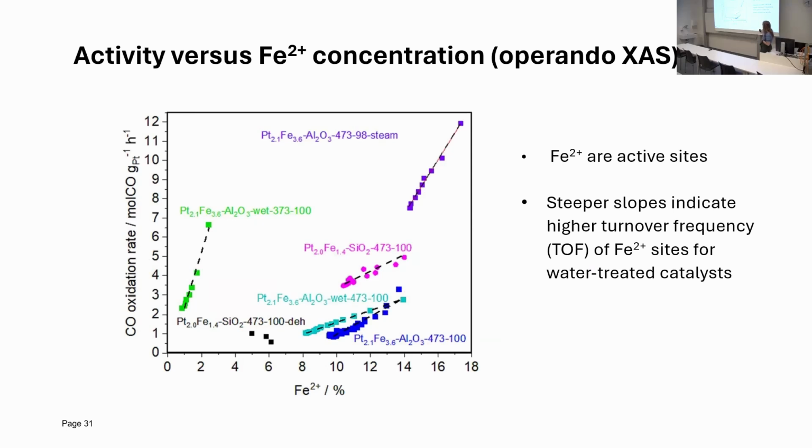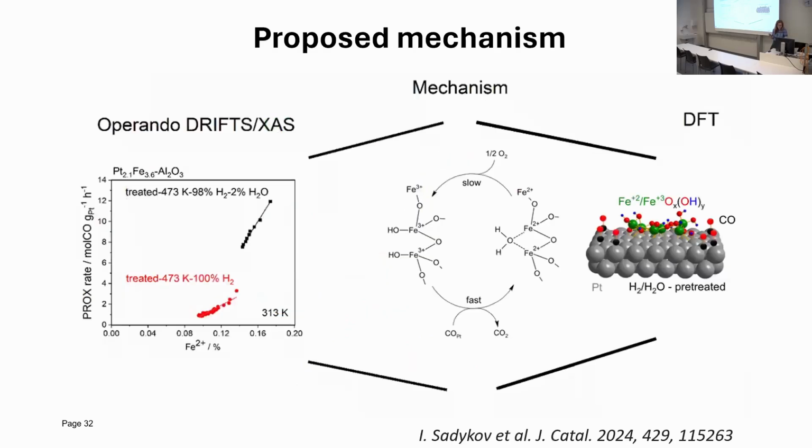And the higher the slope, the higher the activity of these sites, because per atom of iron the turnover frequency is increasing. So we could also demonstrate the reason for this activation with the presence of water. Most probably it's the formation of some oxyhydroxide on the surface, which is even more active than just iron oxide.